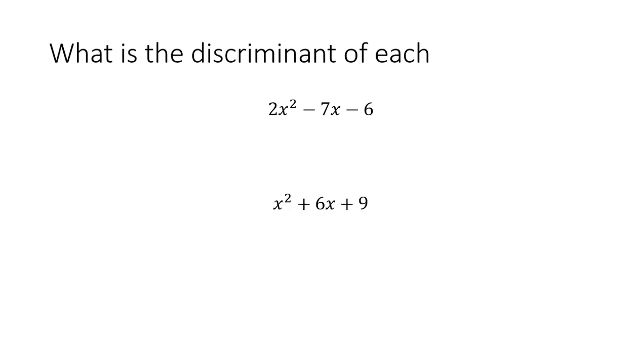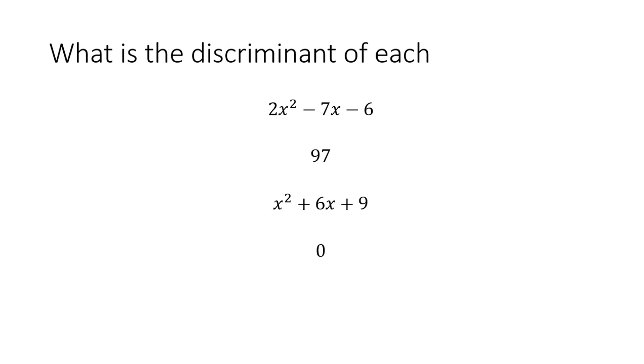Take a second, find the discriminant of each one of these, and also state how many solutions each one has. For the first one, we end up with a discriminant of 97, and for the second one we have a discriminant of 0.